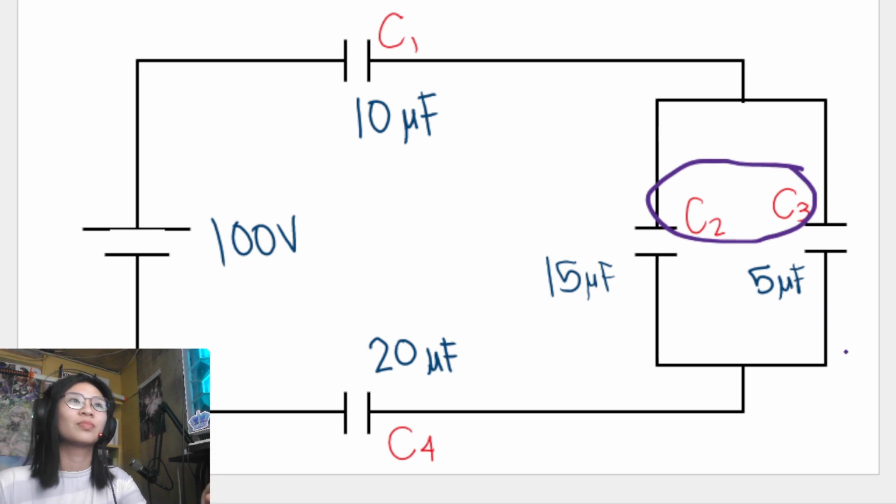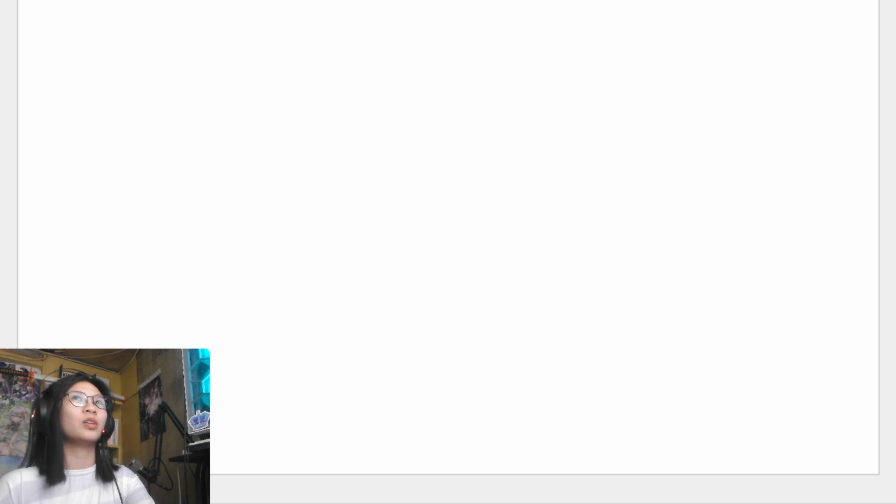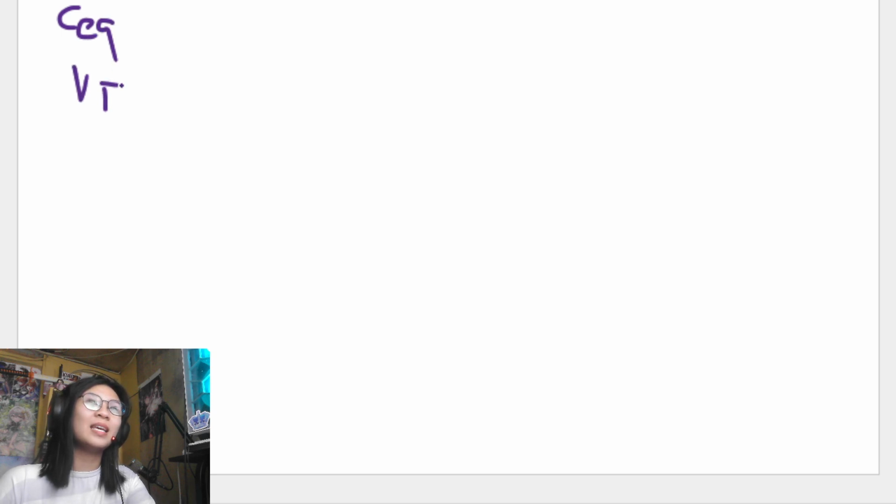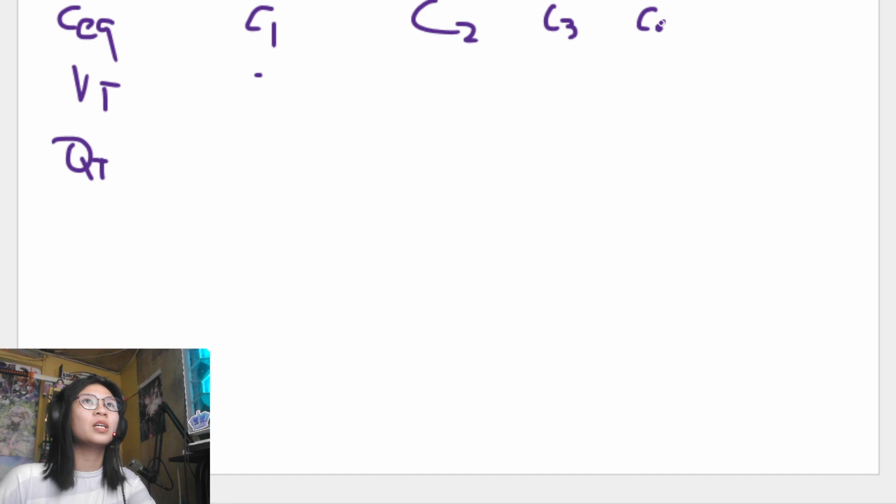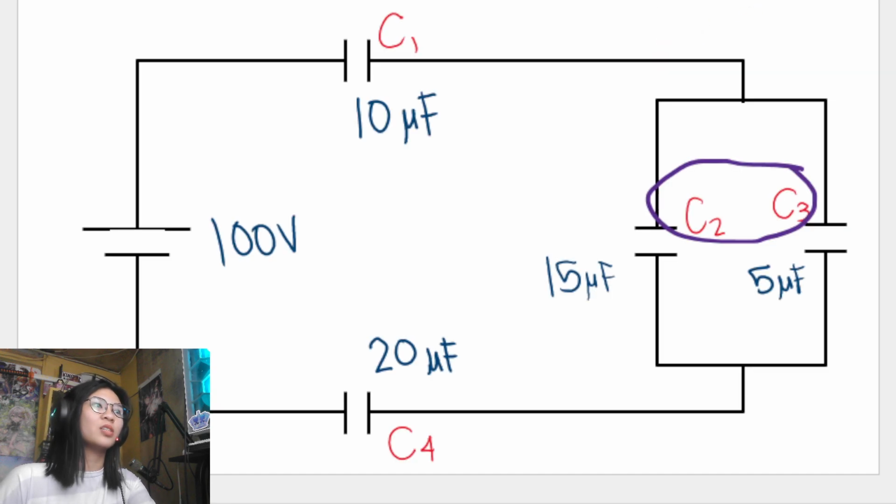And in here, we can combine C2 and C3. Okay, so let us construct our checklist. We have our CQ, our VT, our QT. Next we have our C1, our C2, C3, C4.